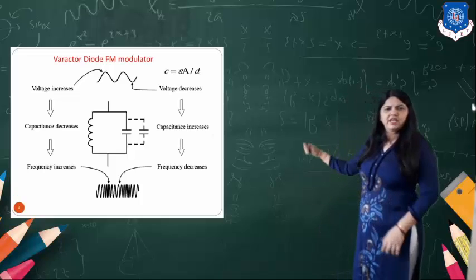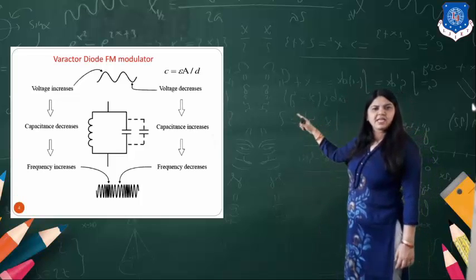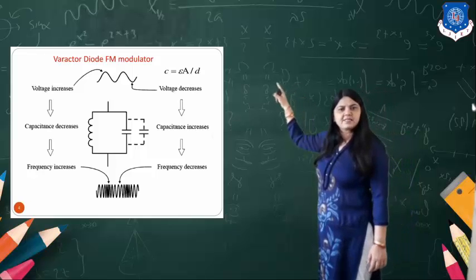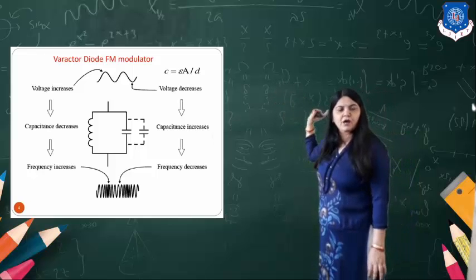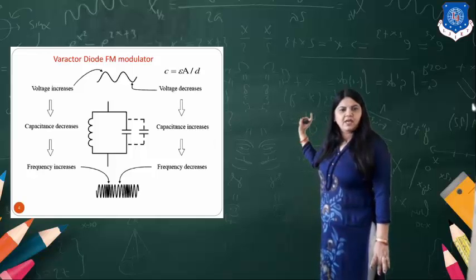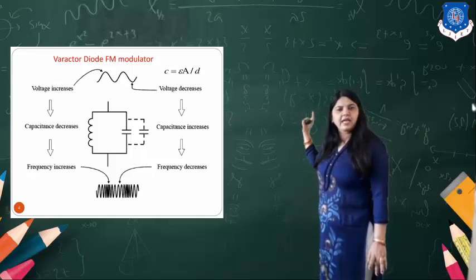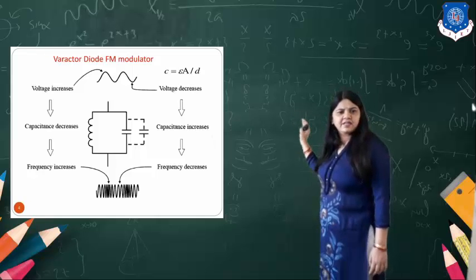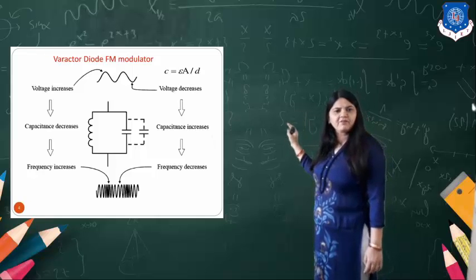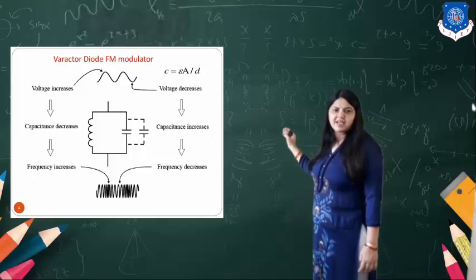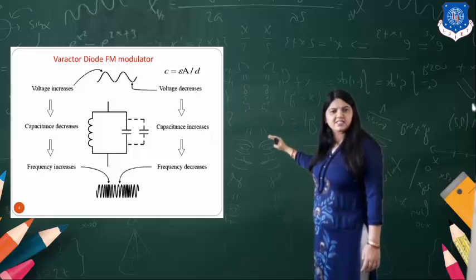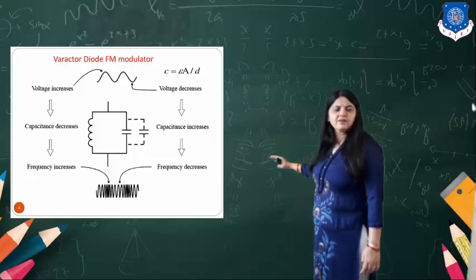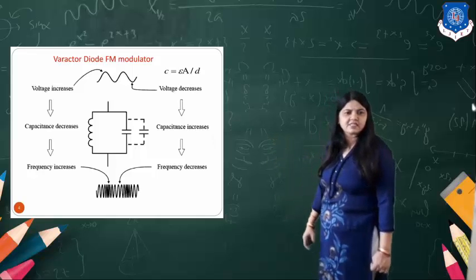Okay, so here you can see that the capacitance is epsilon A upon d. When the voltage decreases, what happens? Capacitance increases, and when capacitance increases, the frequency decreases.